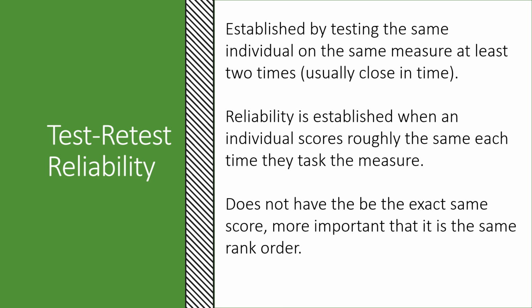If I go from the 30th percentile to the 50th, or from the 30th to the 10th, I'm probably not demonstrating reliability, because my place relative to other people taking the test has changed dramatically.